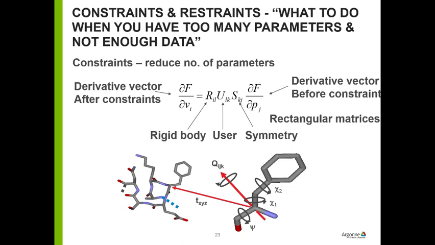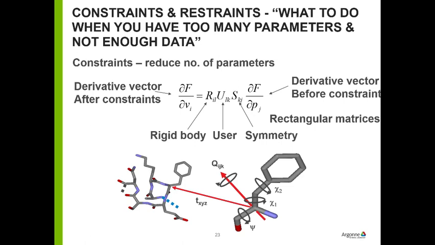Restraints are the kind of thing where you define an object in your crystal structure that has internal parameters, maybe, and it's fewer than trying to describe the individual atoms with their own X, Y, Z and temperature factors. What you're doing is that you can say I'm going to add an extra observation which says this phenyl ring has to be flat.